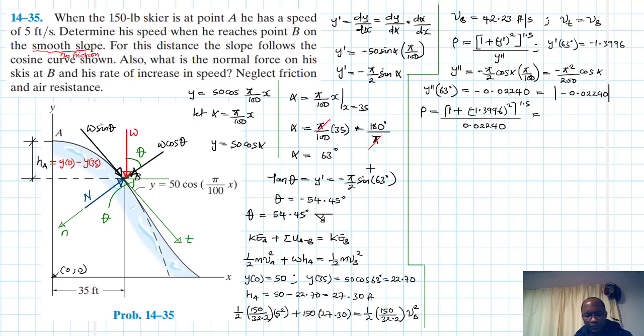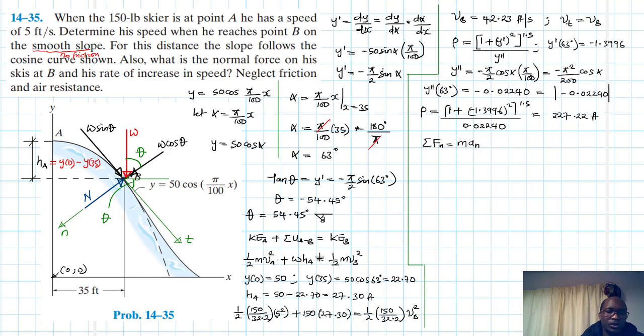This we get 227.22 feet. So we have this, then we can apply the summation of forces in the n direction, and this is just equal to m a n.